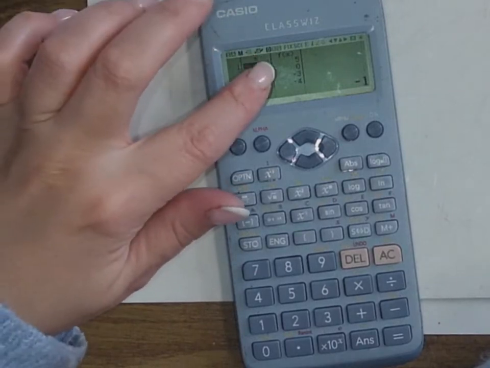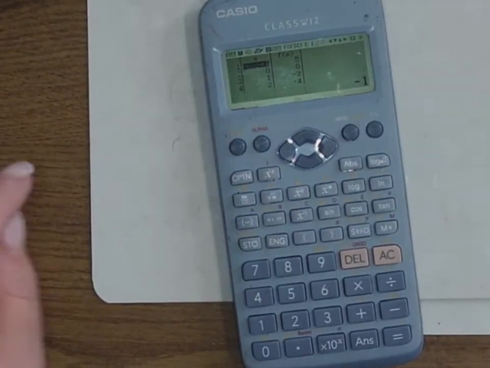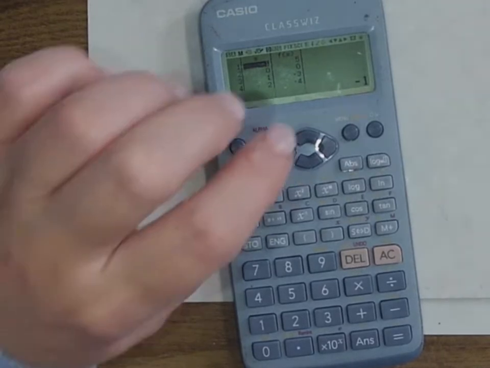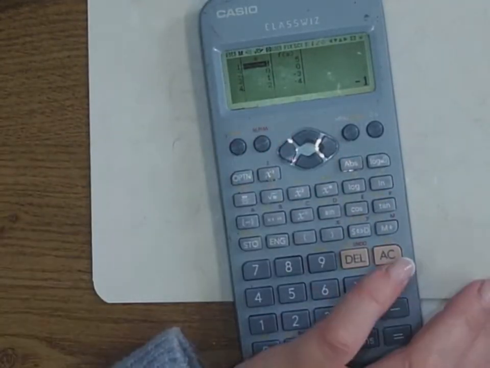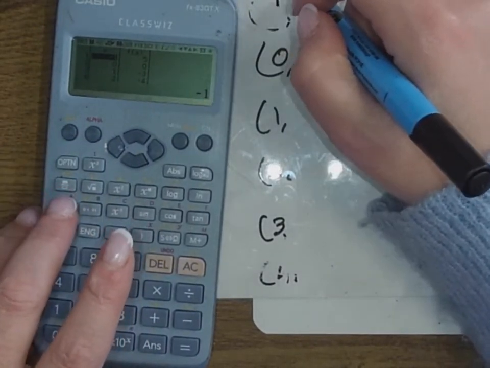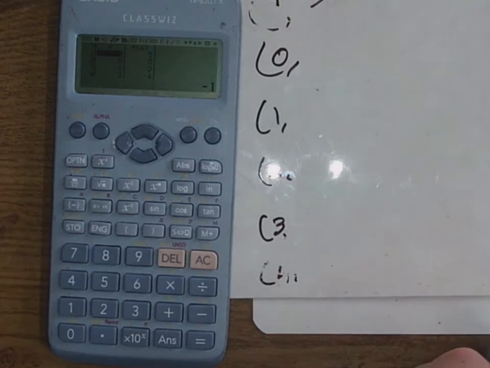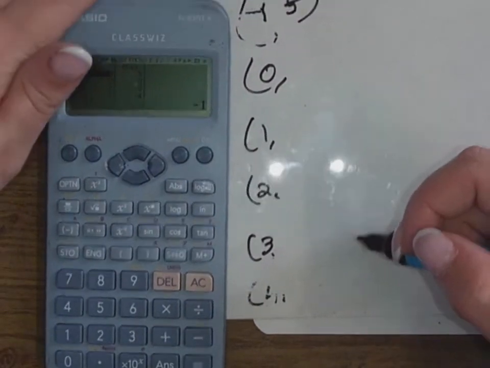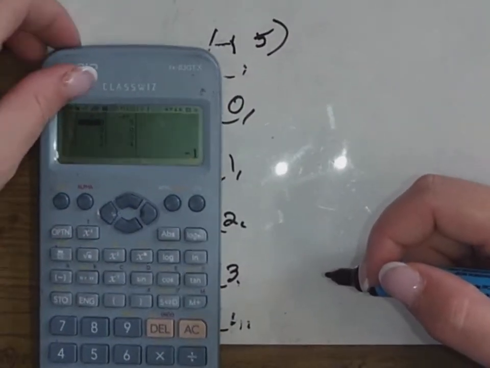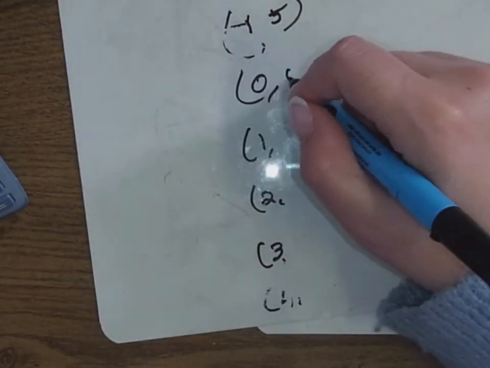Right, okay, and then your points come up. So the first one is, I can see him better up there, minus 1, 5, isn't it? So minus 1, 5. And I've already written down the start of my points because I knew them from the start. So it's minus 1, 5. The next one is 0, 0.